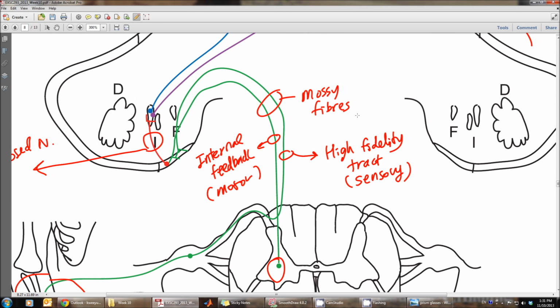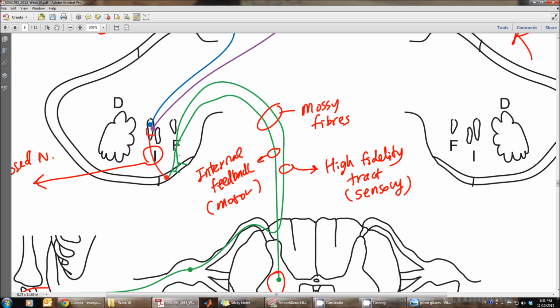Those two pieces of information are fed into the cortex, and the cortex they synapse with is our paravermis. This portion of the cerebellar cortex is our paravermis. If we go into the details, the mossy fiber will synapse first in the granule cell layer, and the granule cells will send their axons, called parallel fibers, to the Purkinje cell, and the Purkinje cell is the output of the cerebellar cortex.